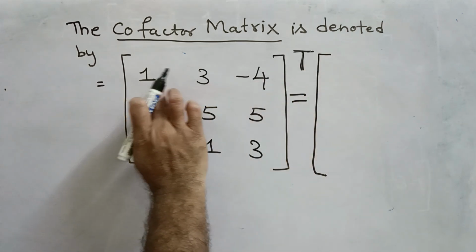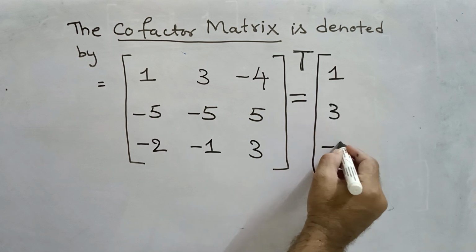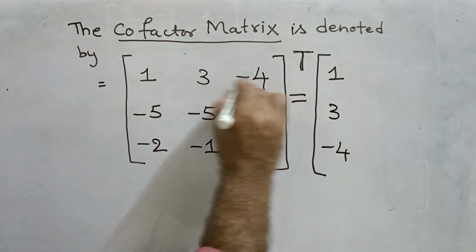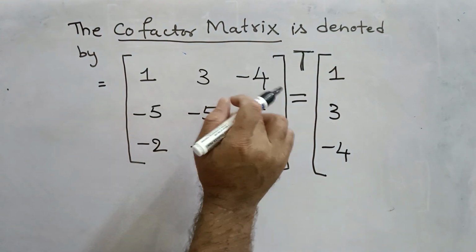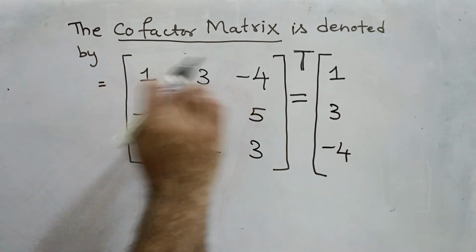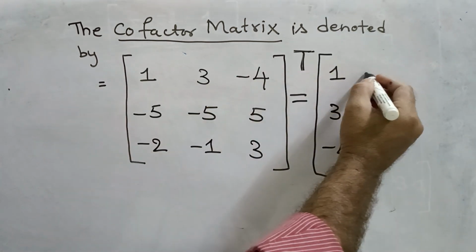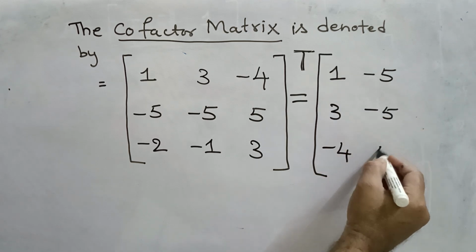Nothing wrong. All this 1, 3, 4 you can write like this: 1, 3, minus 4. This particular row you can write as the first column. And the second row, it is minus 5, minus 5, 5.